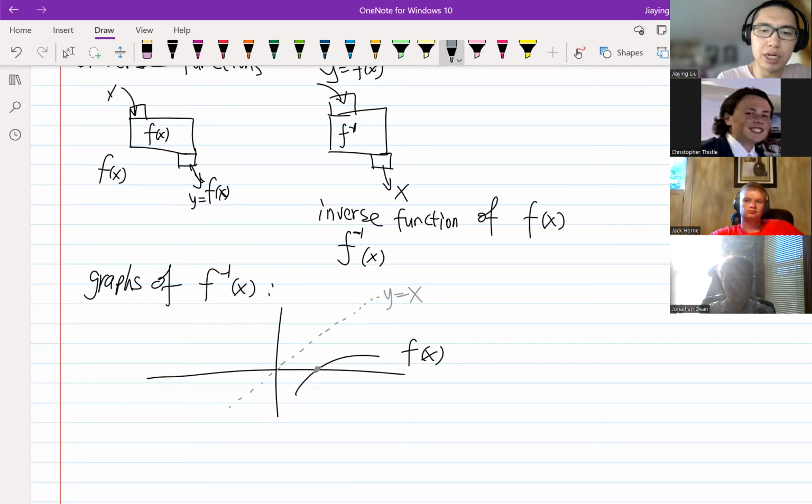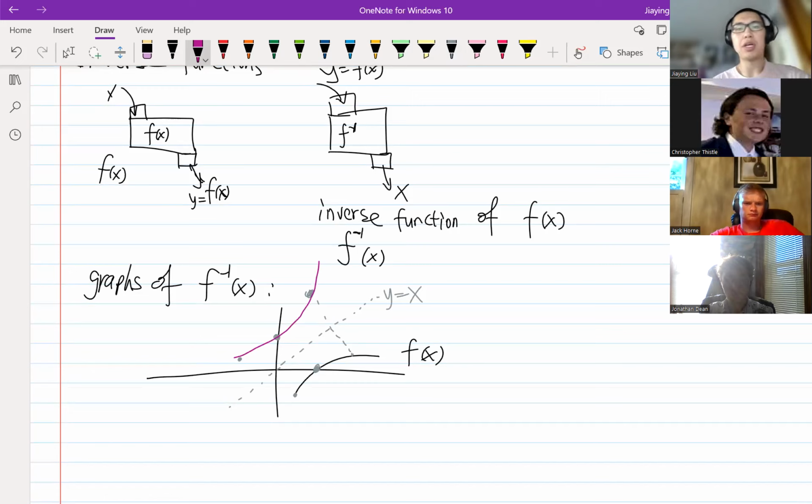So this point here on the x-axis will be on the y-axis. This point here is probably going to end up as this point there. And this point, if we reflect symmetrically, probably ends up somewhere in this part. If we connect those points, this will be the graph of inverse f of x.